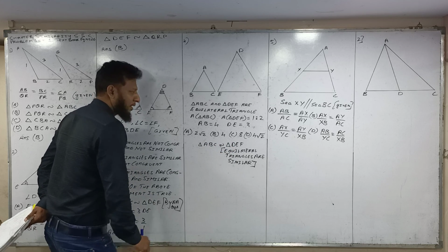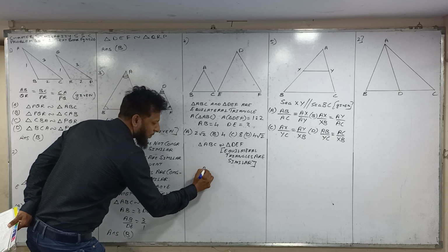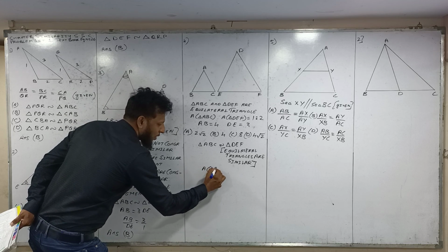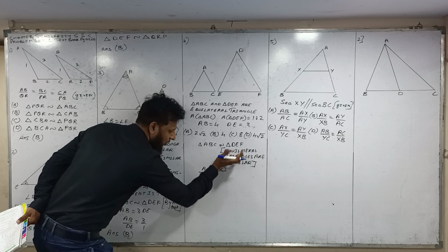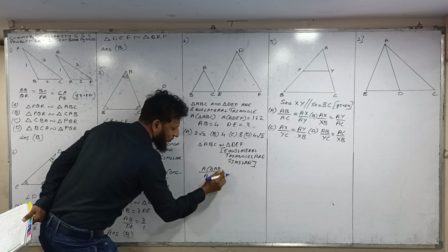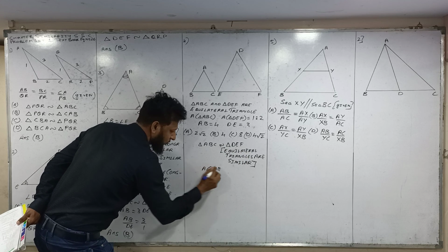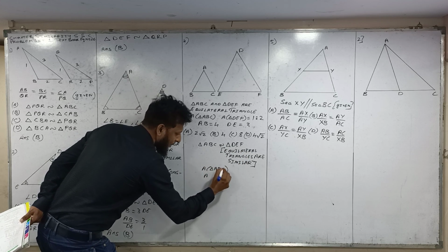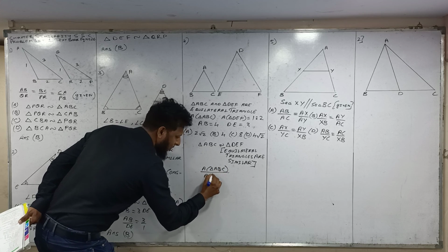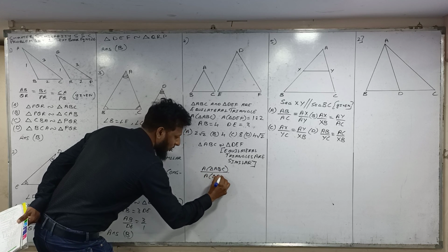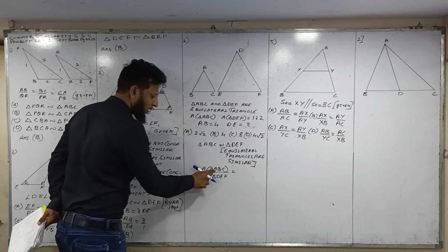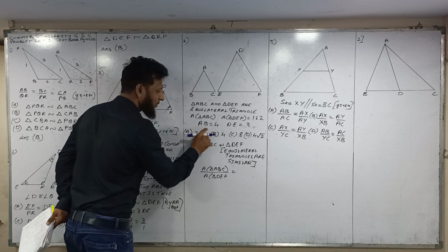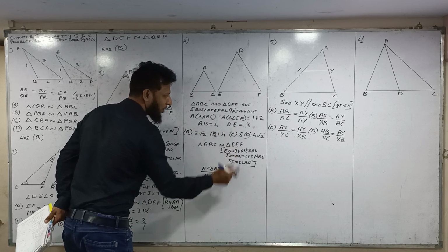If the triangles are similar, then the areas are proportional to what? Areas are proportional to the squares of their corresponding sides. We'll take AB and DE because AB is given and we have to find DE.